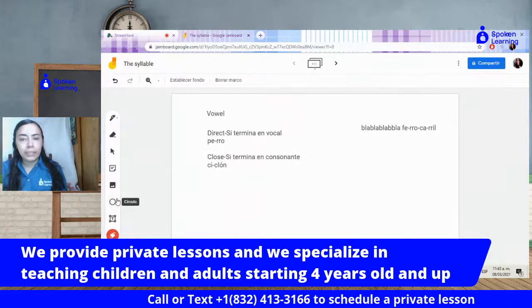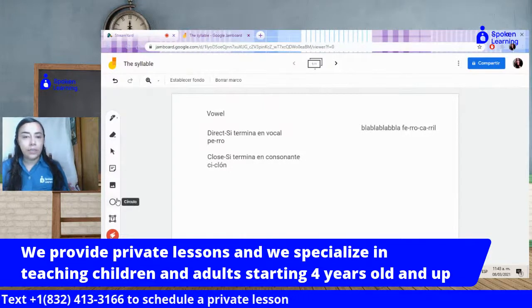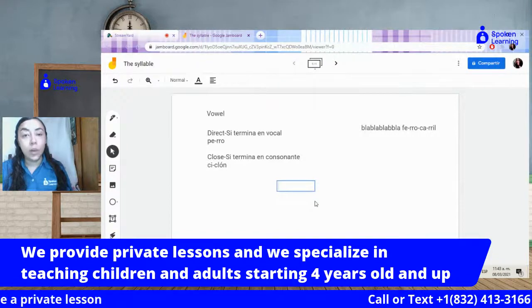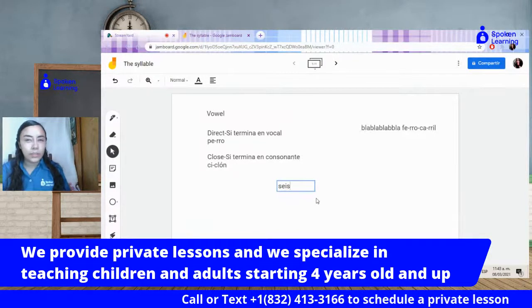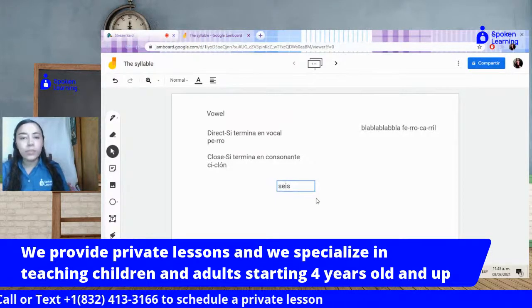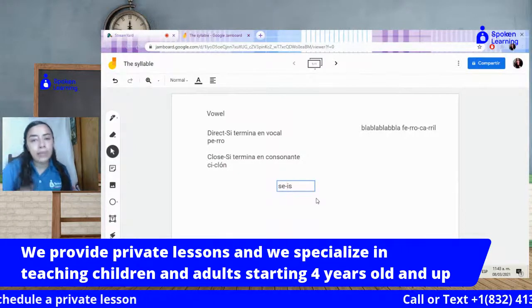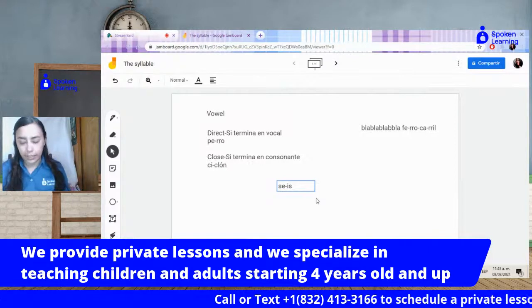It's normal at the beginning of learning another language. So this is really interesting when we try to teach the number 6, seis. It's a number that always takes a lot of effort for kids. So we always say, okay, let's divide it by syllables. So se, is, and that's the way we make it possible.